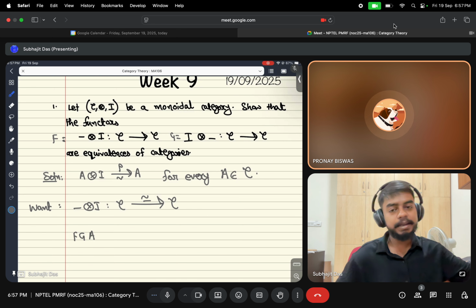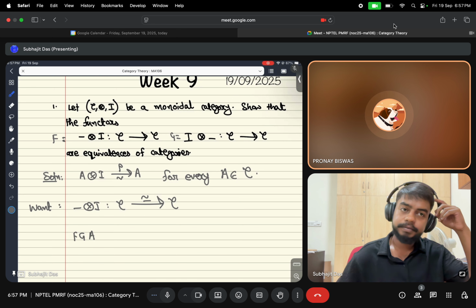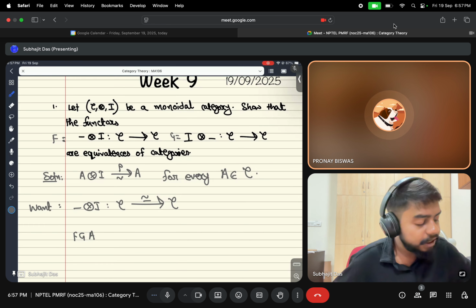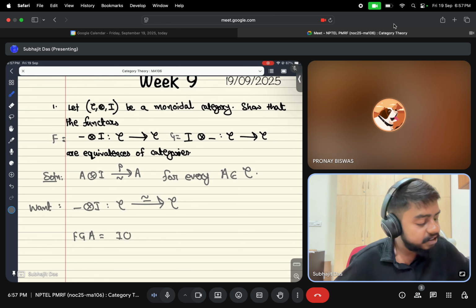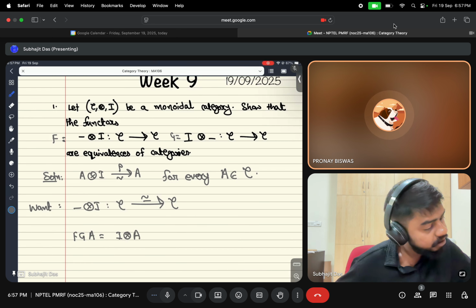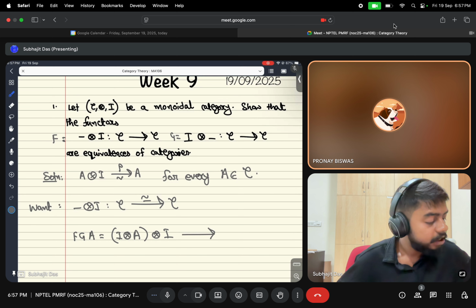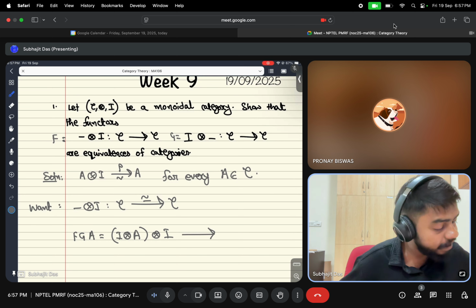Okay, continue. So from FGA, A tensored with I. Yes, and one can use lambda and rho separately.